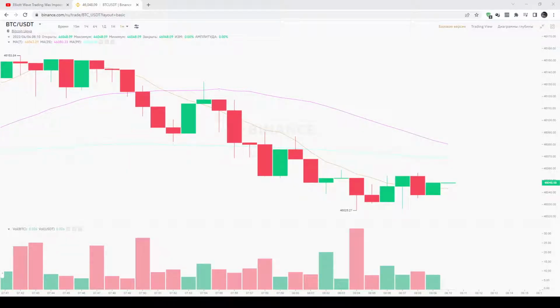This momentum divergence signals that the velocity of the price movement higher is diminishing and we should expect the upside trend to reverse course soon. Along with the momentum divergence, wave 5 will often register lower volume compared to wave 3.